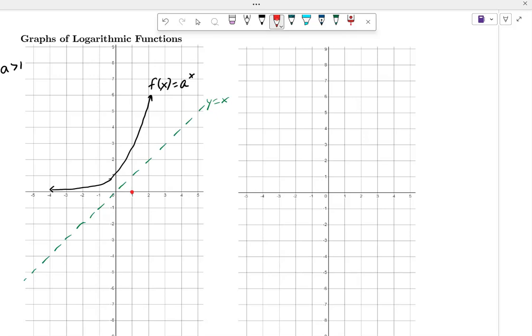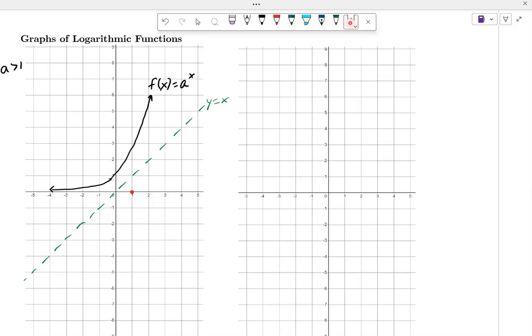Okay? Now let's think about the exponential function again. What do we have right here? A horizontal asymptote, right? What's the equation of that asymptote? Y equals 0, right? Inverse is flip-flop x's and y's.